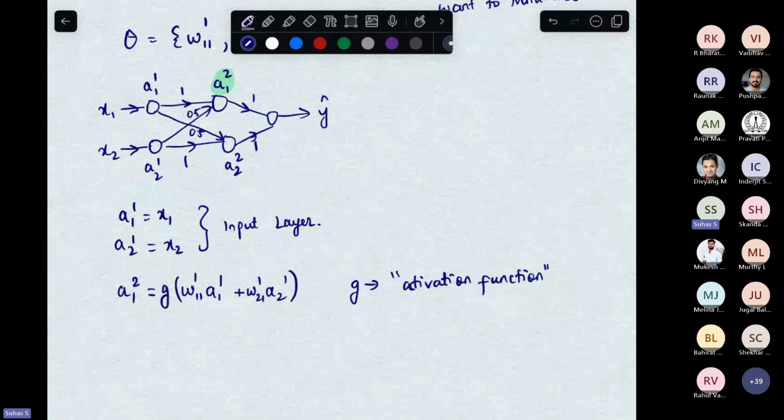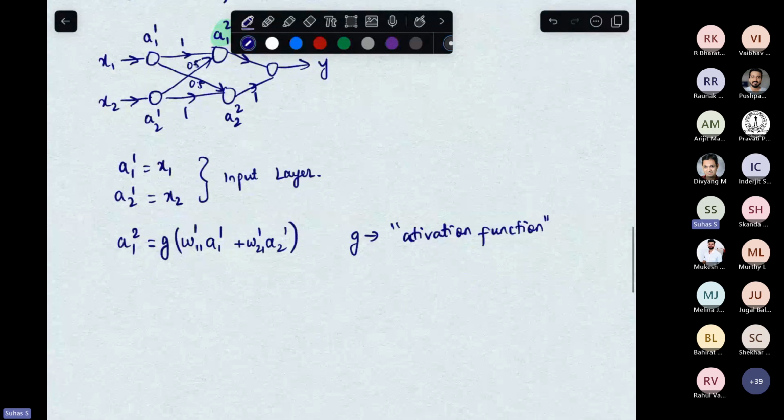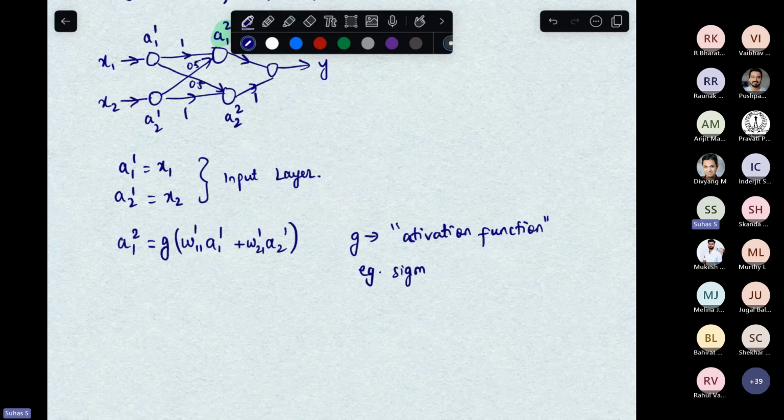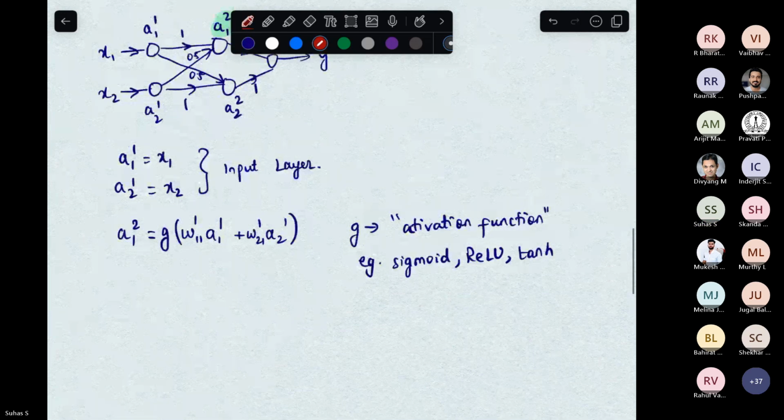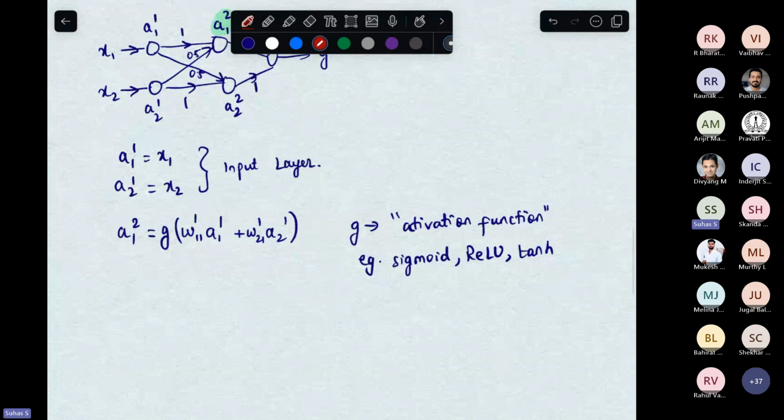Depending on the application or what you want your neural network to achieve, these activation functions could be different. For example, you have sigmoid, ReLU, and tanh, and each of these activation functions does something different.